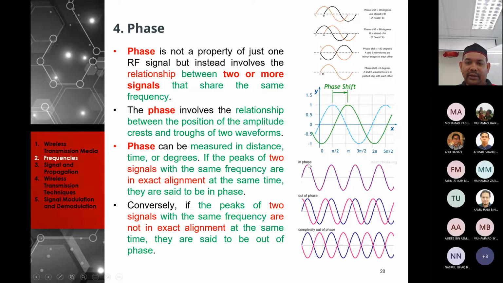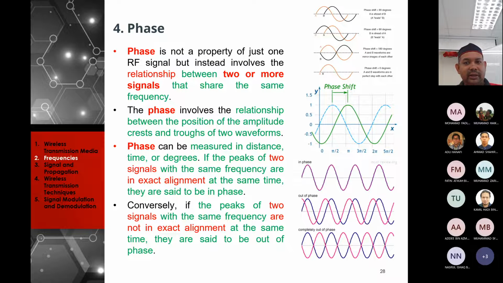So tengok, in phase macam ni, out of phase dia lari kan. Kalau completely out of phase, lagi terbalik terus, terbalik kurang, kan? So kalau kita boleh tengok dia punya based on degree, kita boleh tengok berapa banyak dia boleh shift, kan?